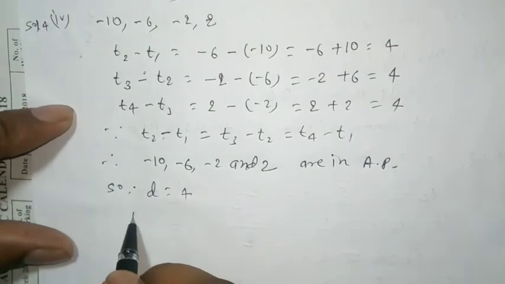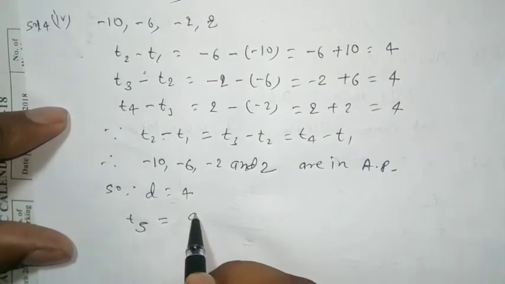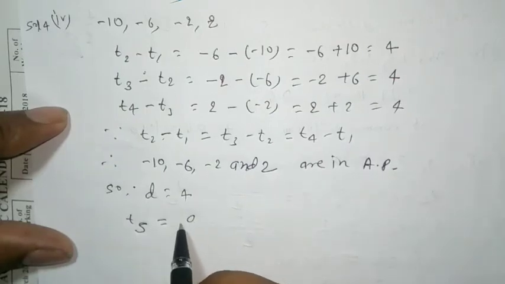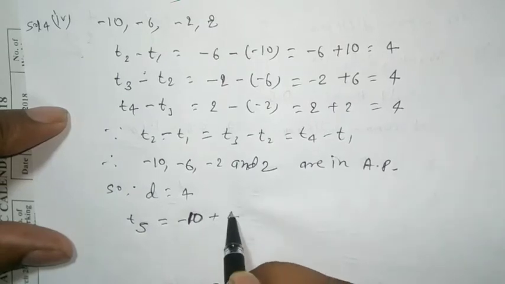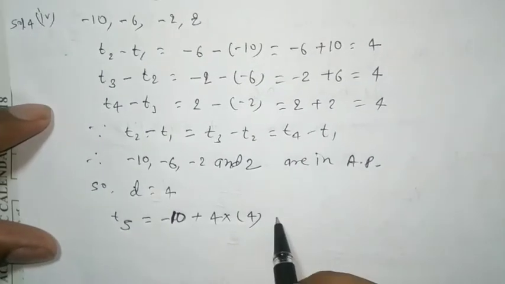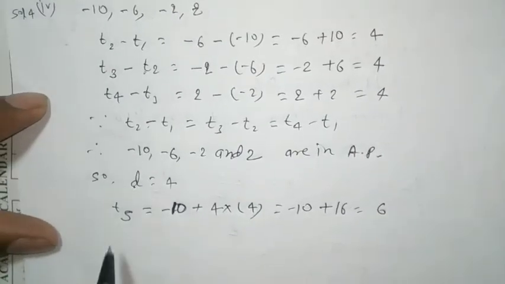T5 is equal to -10 plus 4 into 4, which is -10 plus 16, equal to 6.